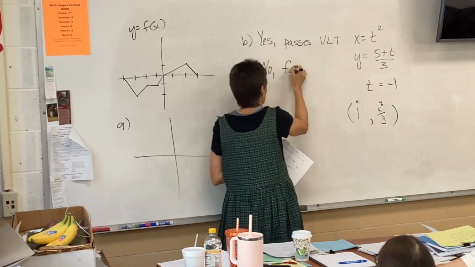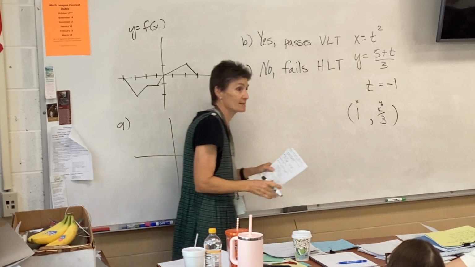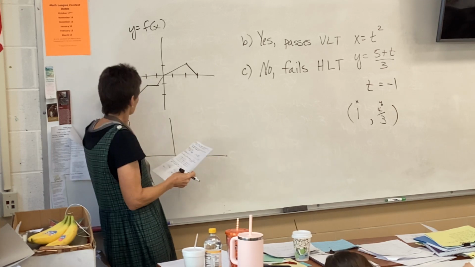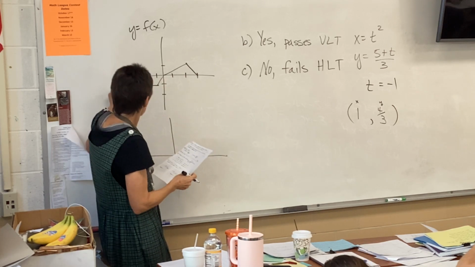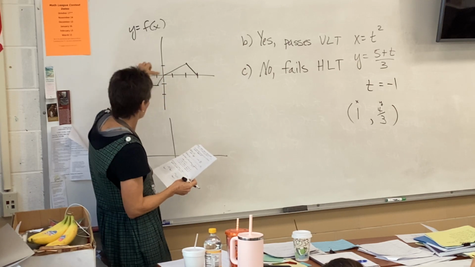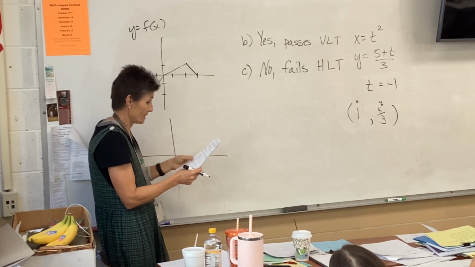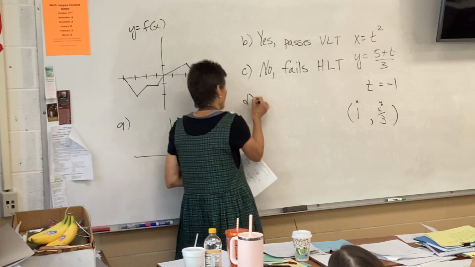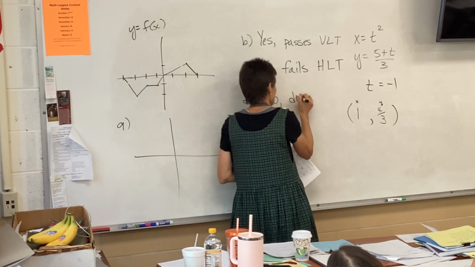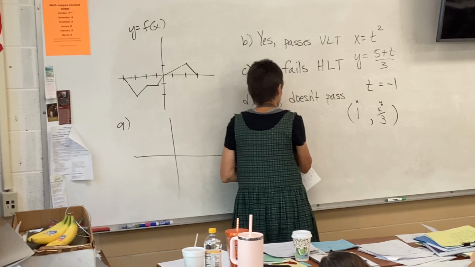No. It fails the horizontal line test. Remember, if you're checking on the inverse, you do the horizontal line test, and think about this line right here. Wouldn't that cross twice? It fails the horizontal line test. So is it 1-to-1? No, because it doesn't pass both tests.